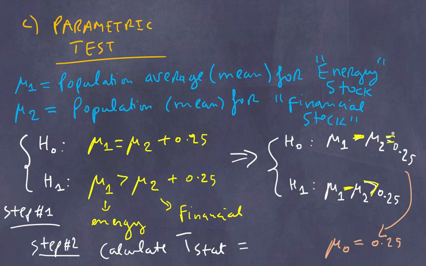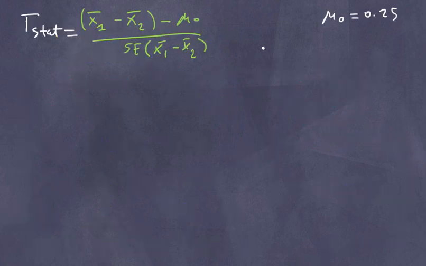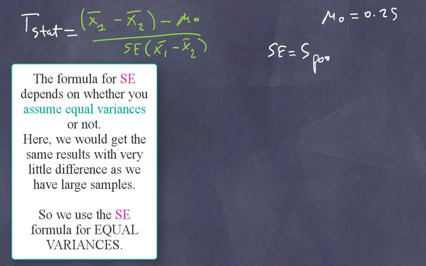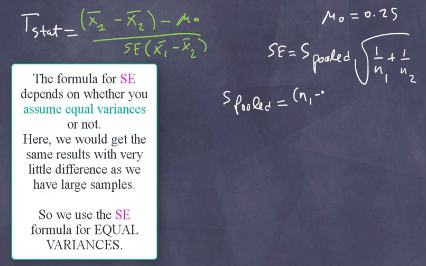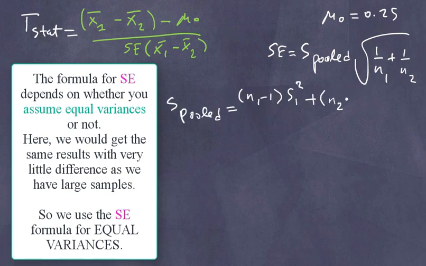Mu1 minus mu2 equals mu0. What is the standard error? S pooled times the square root of 1 over n1 plus 1 over n2. S pooled is n1 minus 1 times s1 squared plus n2 minus 1 times s2 squared over n1 plus n2 minus 2.